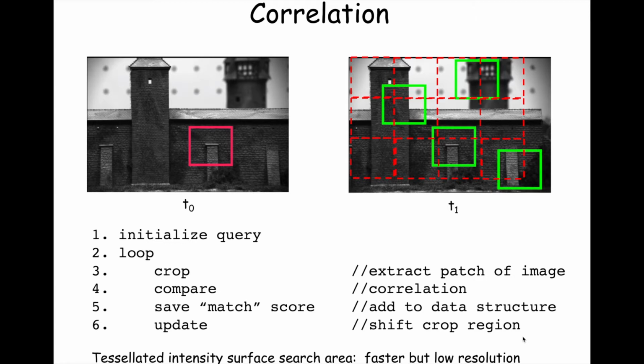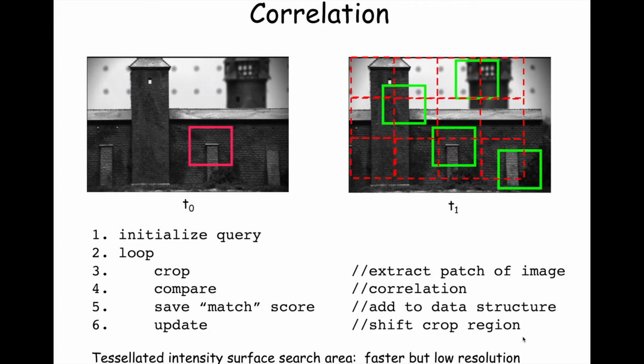Now, certainly, this is very fast because you're spanning that image in a relatively smaller number of search regions. But this does not give you a very high level of granularity. And so if your best match doesn't align perfectly with one of these search regions in the tessellated version of T1, you're not going to get the precise location where that patch moved from time T0 to time T1.